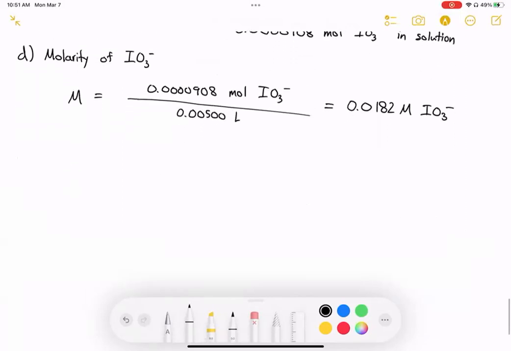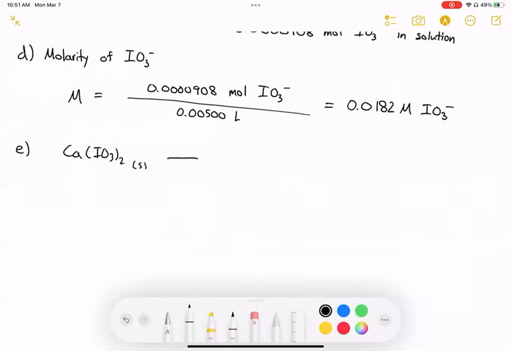Okay, so now let's make another ICE table for part E here. The equation is calcium iodate, a solid, going to calcium 2 plus aqueous plus iodate ion, 3 minus. 2 iodate ions, because in the chemical formula, it's producing 2 iodates in solution per given calcium iodate.